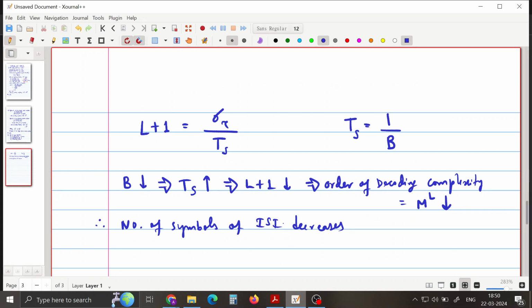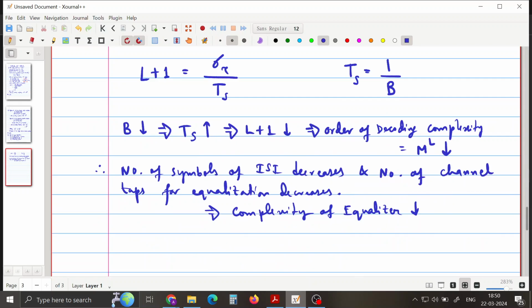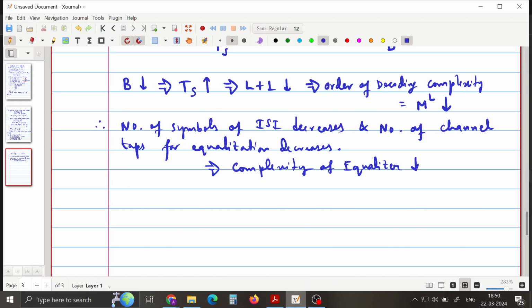That's true, and that automatically implies that the number of channel taps for your equalization also decreases, and hence the complexity of the equalizer also reduces. You get a relatively simple equalizer. Okay.